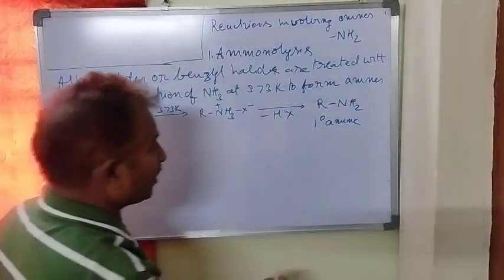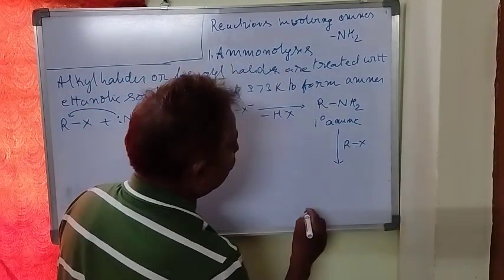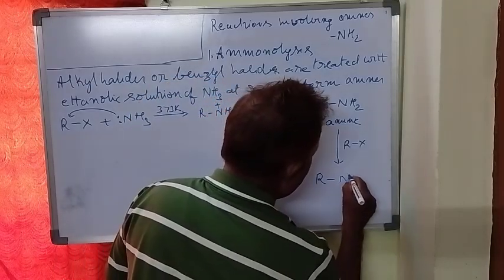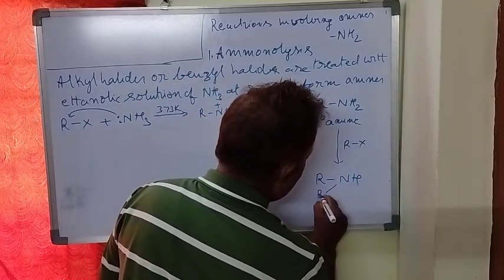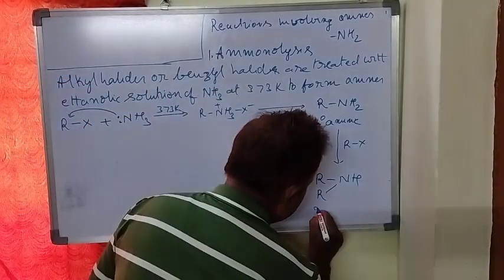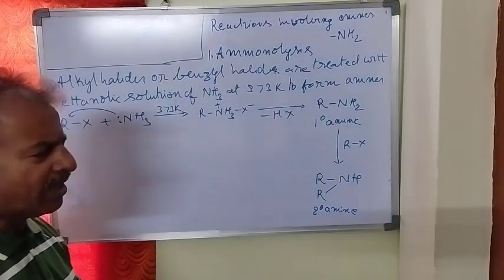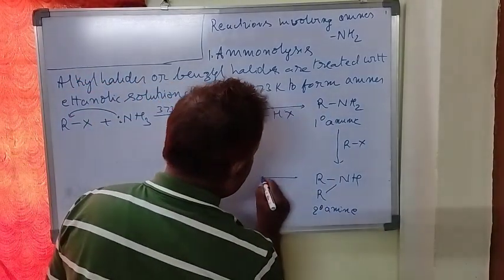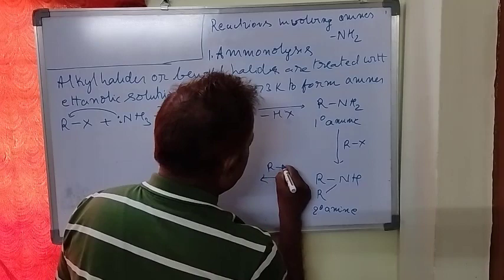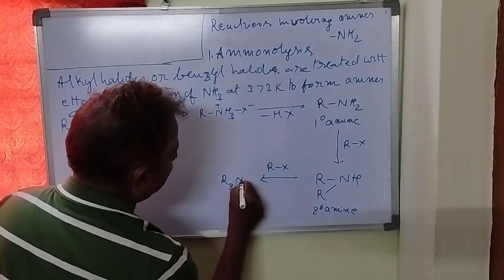So this primary amine is treated with excess of RX. Therefore we get R2NH. This is a secondary amine. This on treatment with still excess of RX, that is alkyl halide, we get R3N.